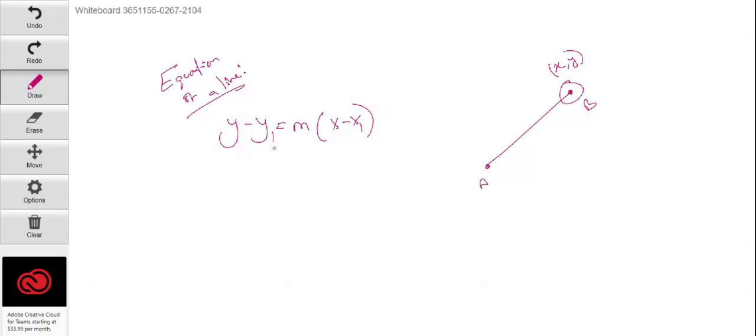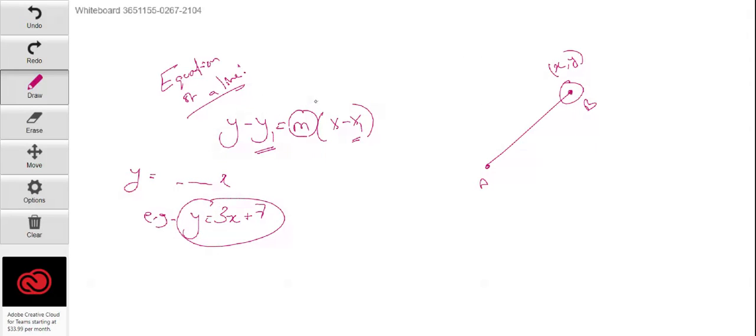And when you plug them in here as x1 and y1 and plug in this line's gradient in place of m, you get an equation connecting y with x. Example, y equals 3x plus 7. All right, this is what you would get when you plugged in the appropriate values in place of y1, x1, and the gradient, right? This is the way to go about figuring out the equation of a straight line.